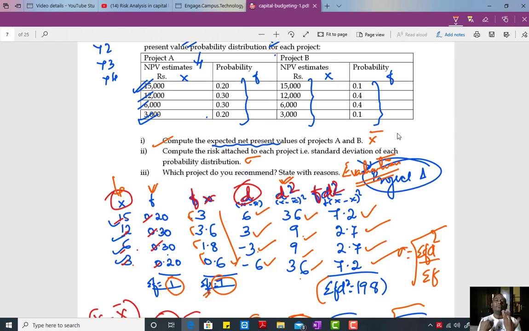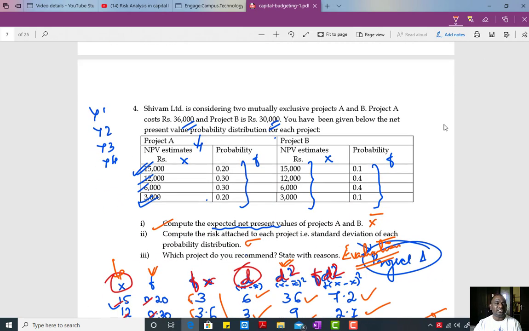Once we do that, we have to find the average cash flow and then the standard deviation. What is the average cash flow? 9,000 rupees. Should we accept? Yes, we should accept, because it is positive. In a normal scenario, 9,000 plus 36,000, that is, if you have 45,000 rupees of inflow and you subtract 36,000, you will get 9,000. Clear? So in a normal scenario, you will get that cash flow.